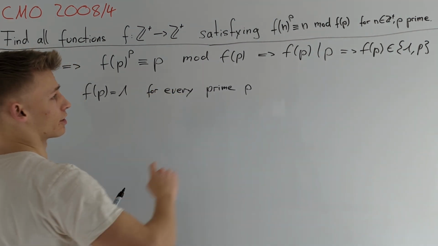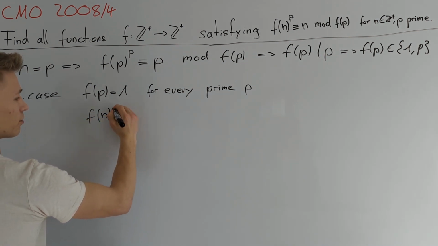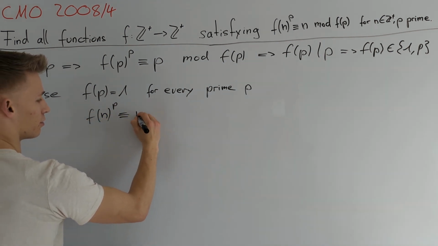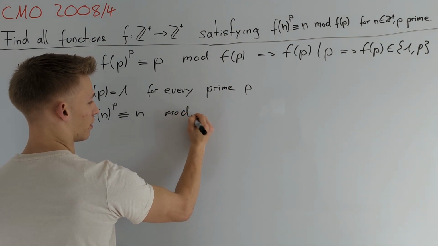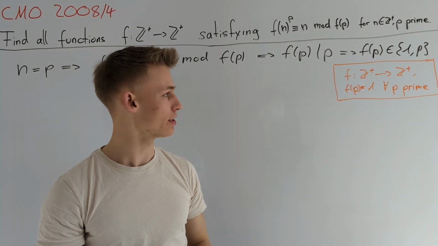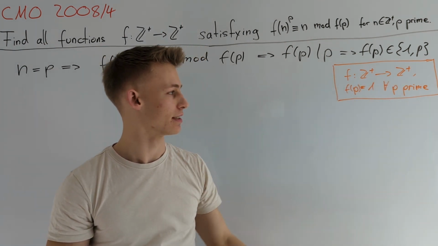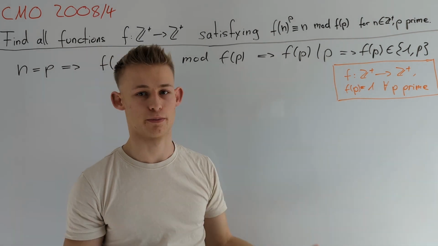We get that our congruence now becomes f(n)^p is congruent to n modulo 1, but this is clearly true for every prime p and every positive integer n, and therefore for every composite n we can have f(n) to be any positive integer. So we figured out our first solutions, namely all functions from the positive integers to the positive integers satisfying f(p) equals 1 for all primes.